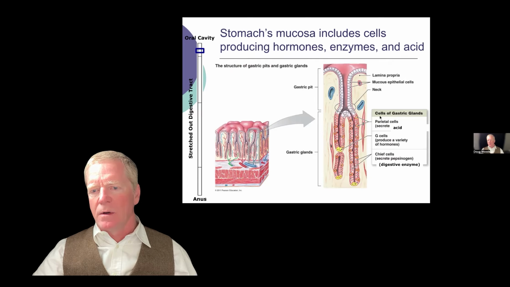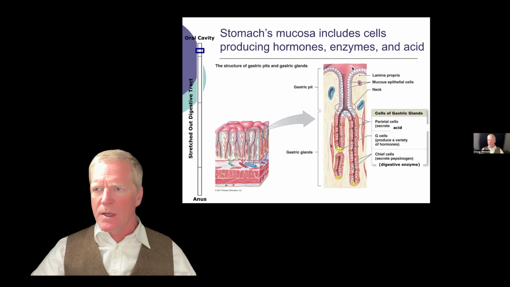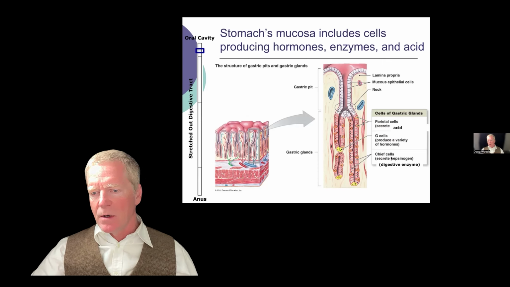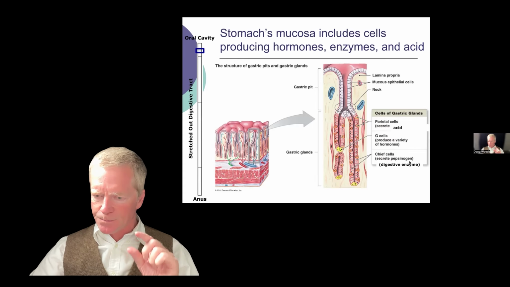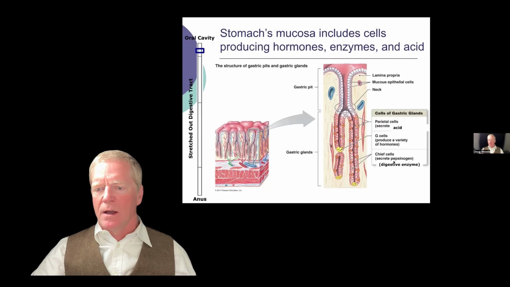Down beneath that, in the crypts, there are gastric glands: parietal cells that are secreting acid, G cells that produce hormones that are going to regulate the function of the stomach, particularly the acid release, keeping the pH in that very narrow range, and chief cells that are going to be secreting a digestive enzyme called pepsinogen, which is going to cleave protein into small peptides that can be further digested in the small intestines.